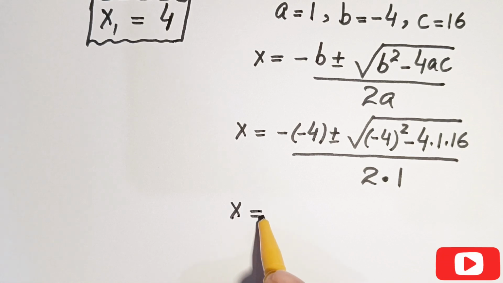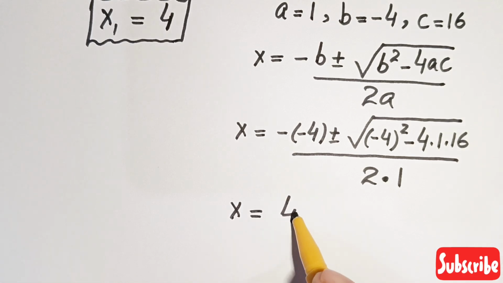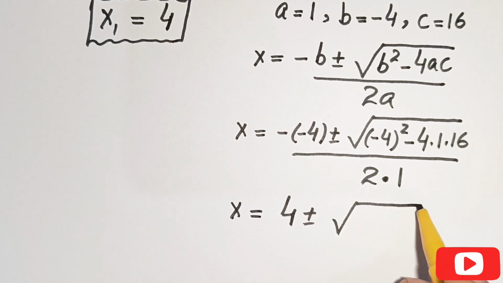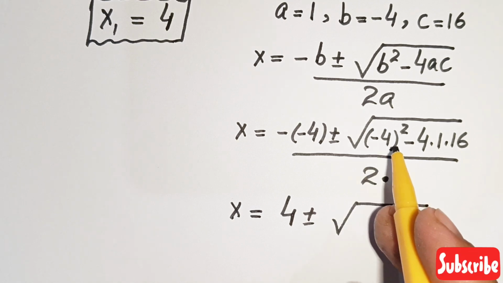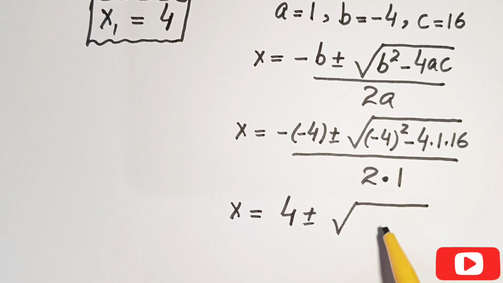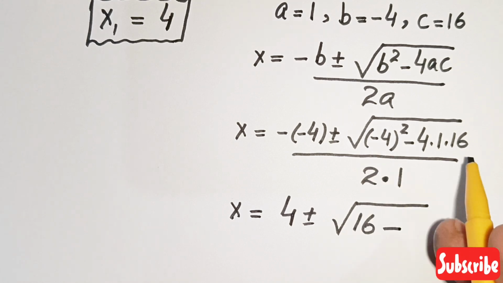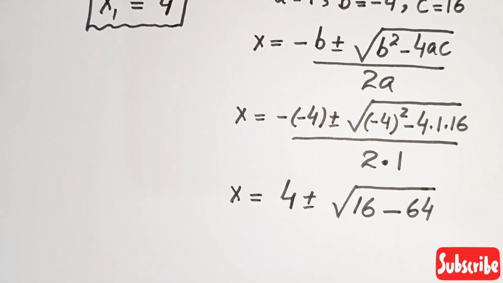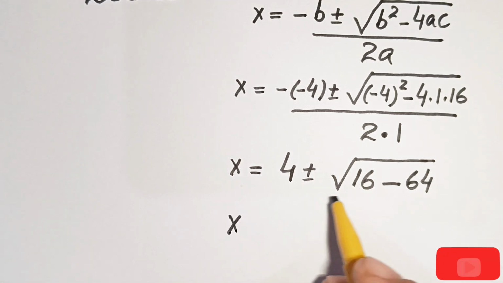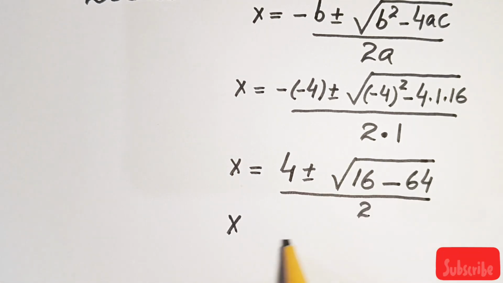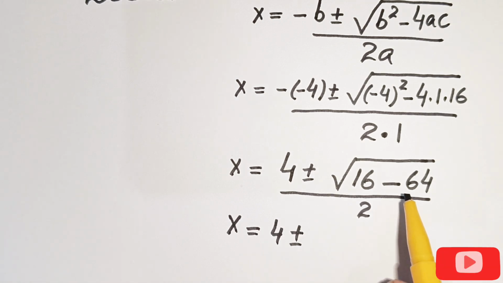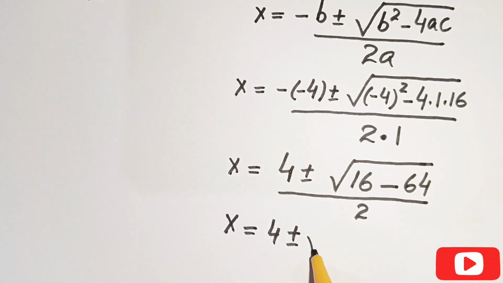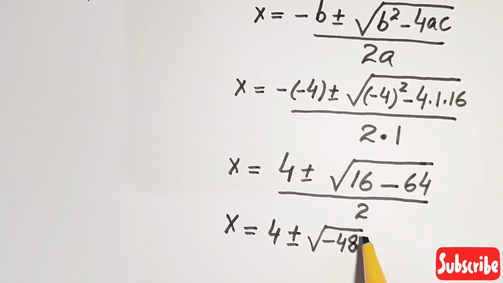Now 4 squared is 16 and 4 times 16 is 64. All over 2 times 1 is 2, so x is equal to minus 4 plus minus square root of 16 minus 64, which is minus 48, all over 2.